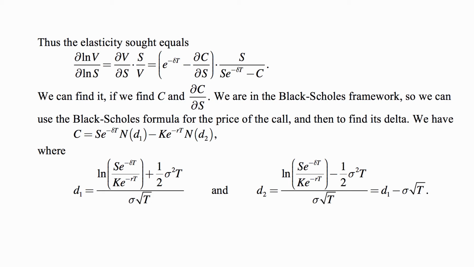And d1 is the natural logarithm of the ratio of this prepaid forward price of the stock to the present value of the exercise price, plus 1/2 sigma squared t, the whole thing divided by sigma square root of t. And d2 is almost the same thing, but with a minus. So d2 ends up being the same as d1 minus sigma square root of t.